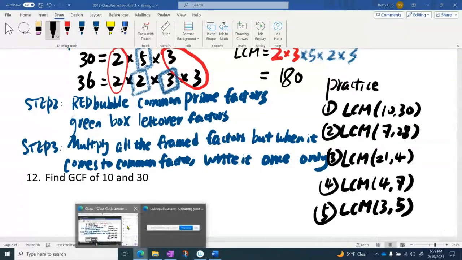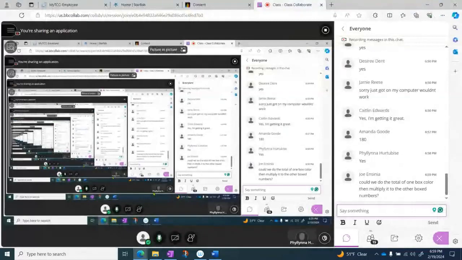Knowing the difference, could we take the total of one box color, then multiply it by the other box numbers? Jill, I don't completely understand your method, but can you unmute yourself and explain what's going on?